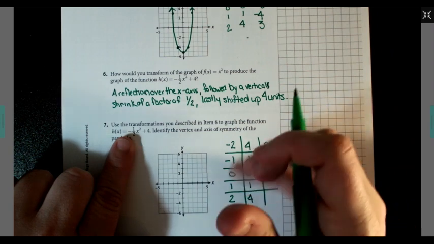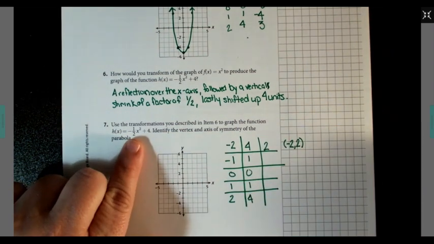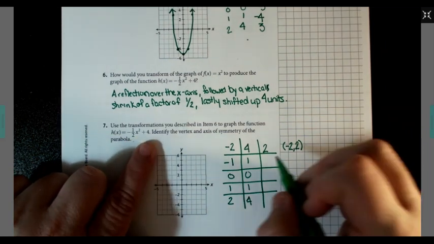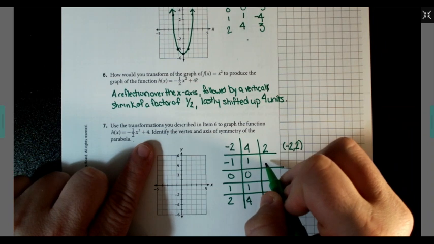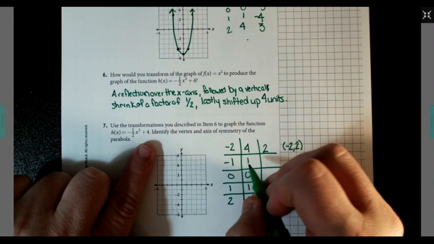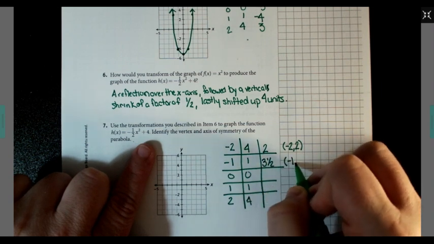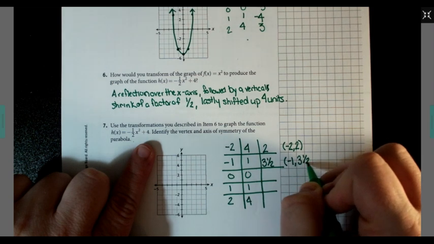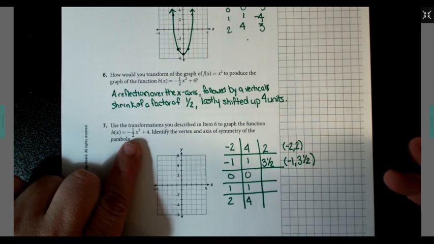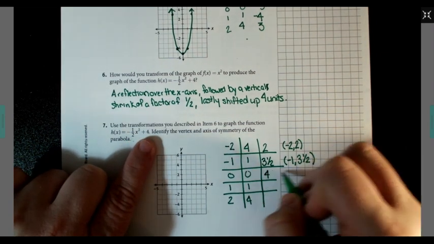Okay? We're going to have 1 times -1/2 is -1/2. Plus 4 is 3.5. So this would be -1, 3.5. -1/2 times 0 is going to be 0, and 0 plus 4 is 4.